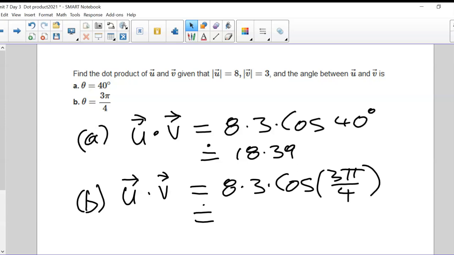Okay? And everybody else could be doing the same thing, switching over first of all to radian mode and then getting an answer.